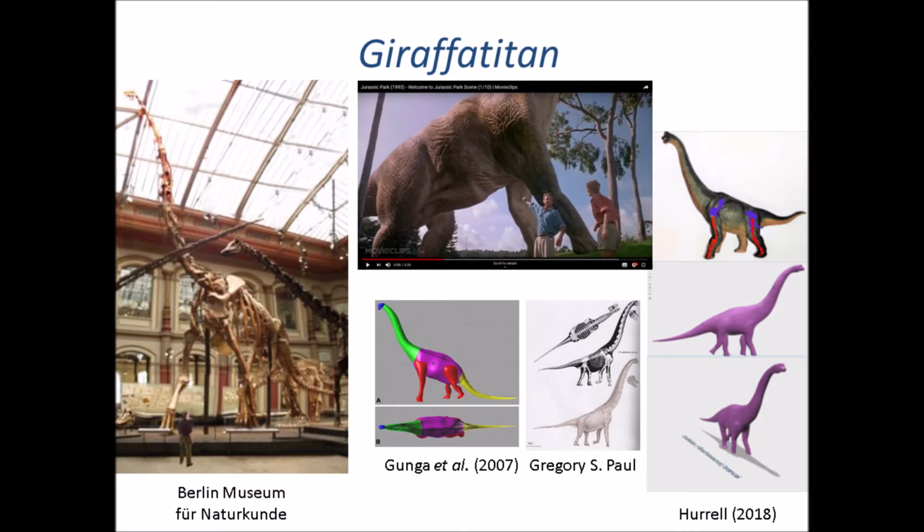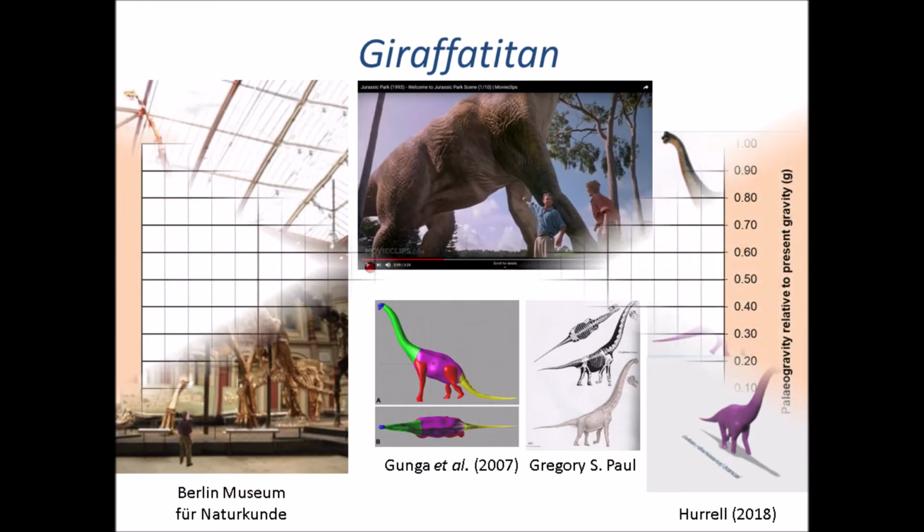The very first dinosaur they saw was Giraffatitan. Below that picture, we can see a number of scientific reconstructions. On the right are a number of models I've used for mass estimates. The top one is from a physical model, and the bottom one is a computer model I produced.